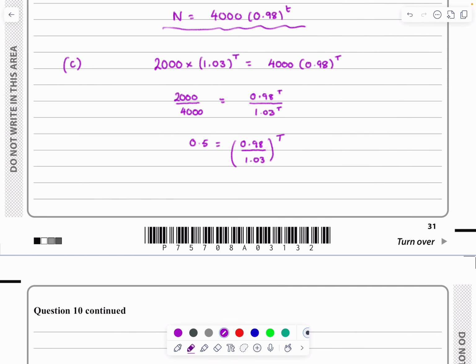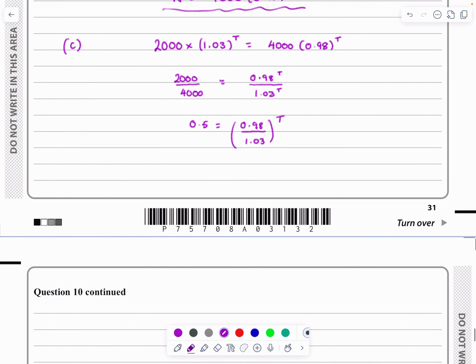So the easiest thing is to log both sides now to get rid of the power. Log 0.5 is equal to log 0.98 over 1.03 to the t.